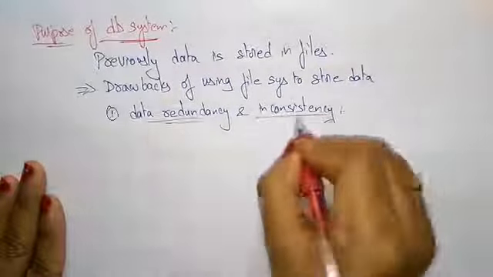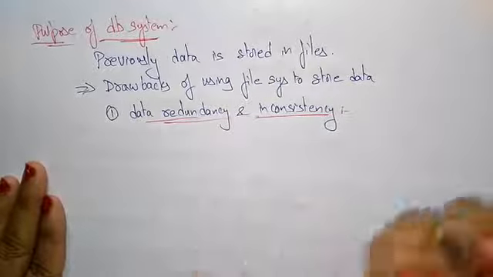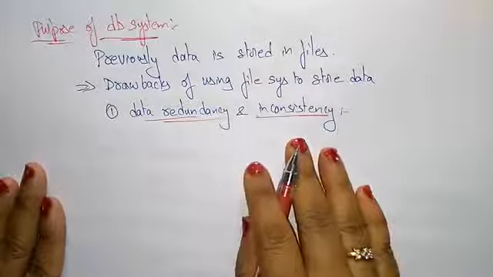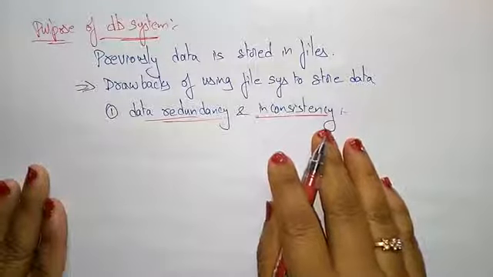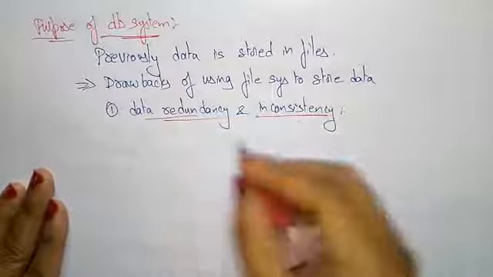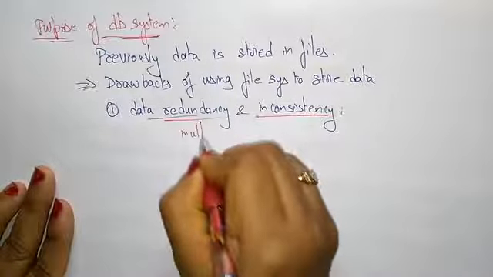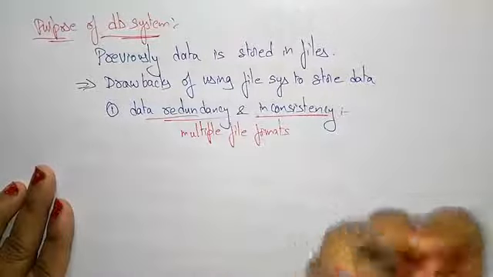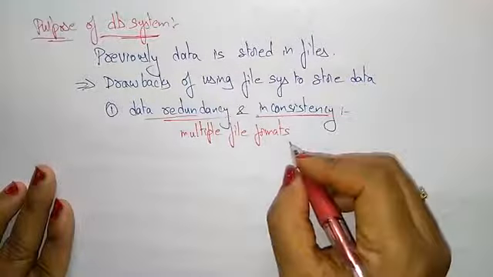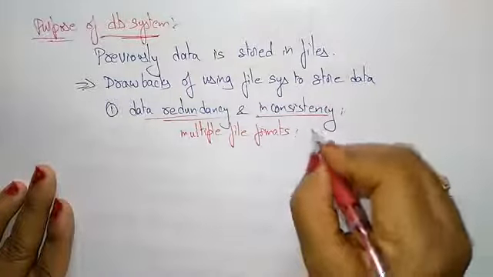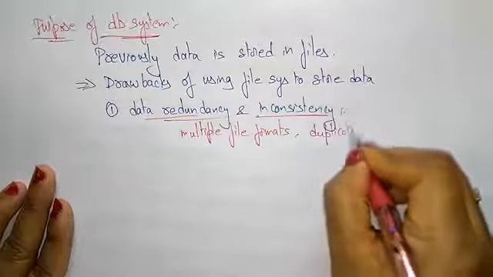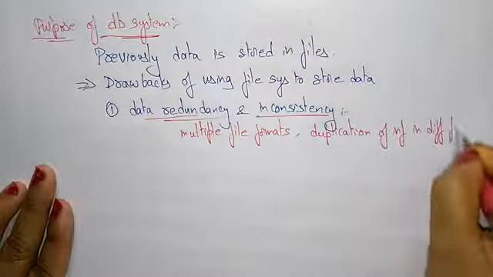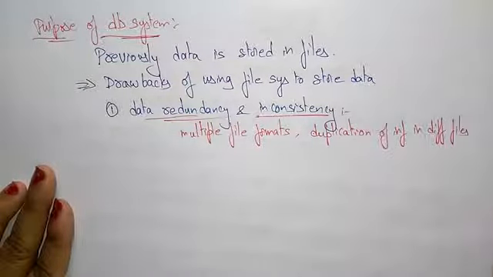Data redundancy means duplication of information in different files. Multiple file formats will be there, so the data becomes inconsistent to access and retrieve. Multiple file formats and duplication of information in different files is one drawback of the file system.